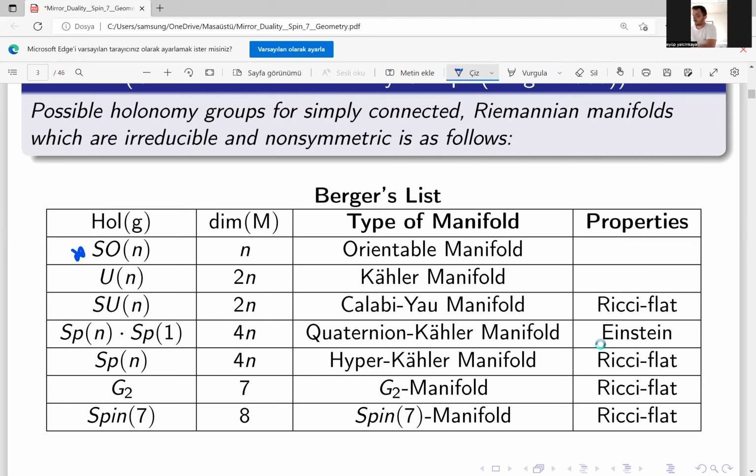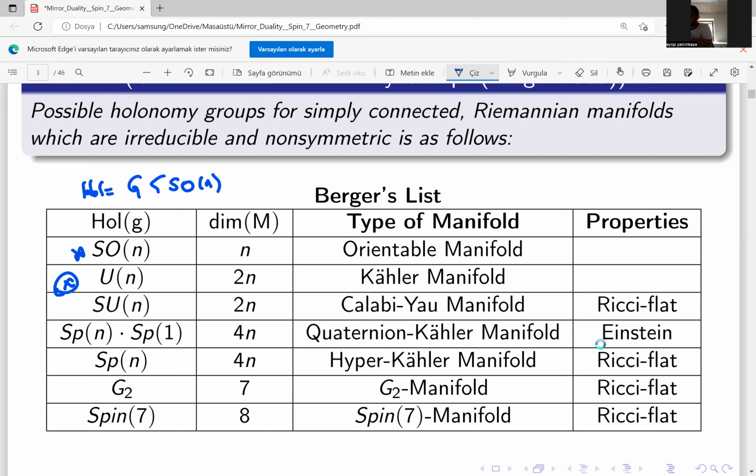But if you reduce your holonomy inside SO(n) and put in some extra condition on the structure group, you will find U(n), and it's named the Kähler manifold. The properties of the curvature can be anything.